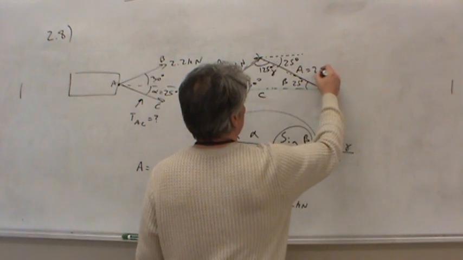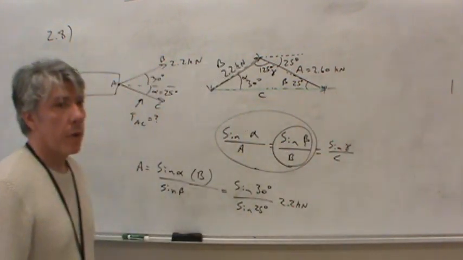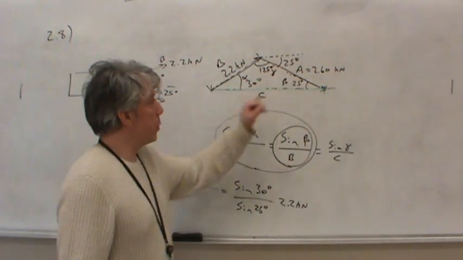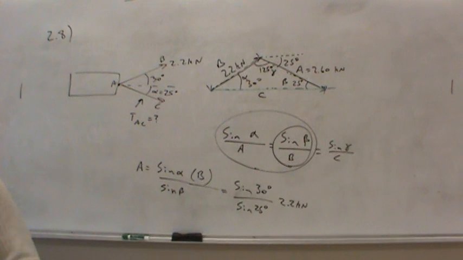So this is 2.60 kilonewtons of force. Now, could we simply add 2.2 and 2.6 to get the resultant C? No, they don't lie along the same line.